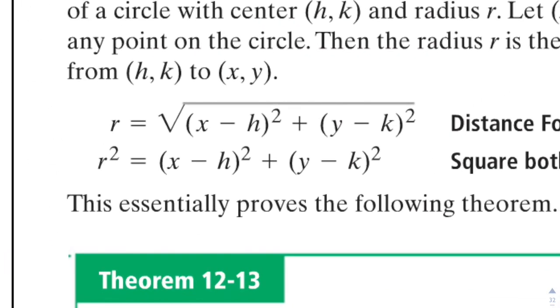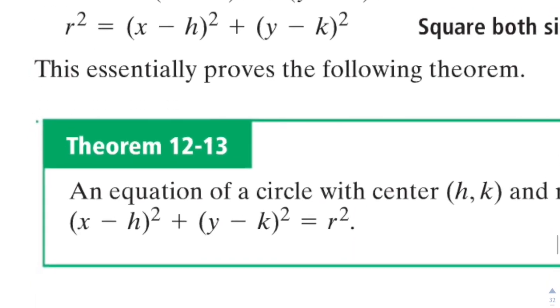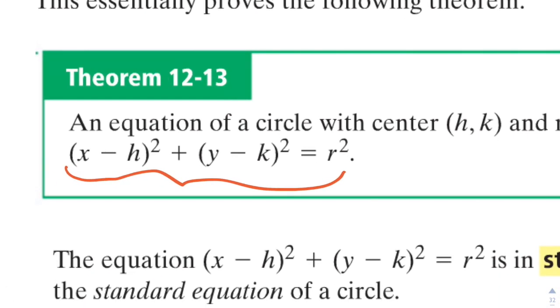Going from the distance formula, instead of doing d equals the square root of x2 minus x1 squared plus y2 minus y1 squared, we actually replace it with our x and our h and our y and our k. Therefore, we have the standard form of an equation of a circle with center h, k and radius r as seen below.